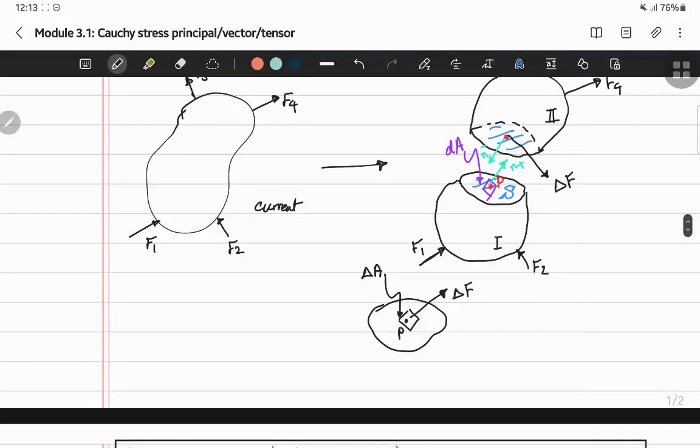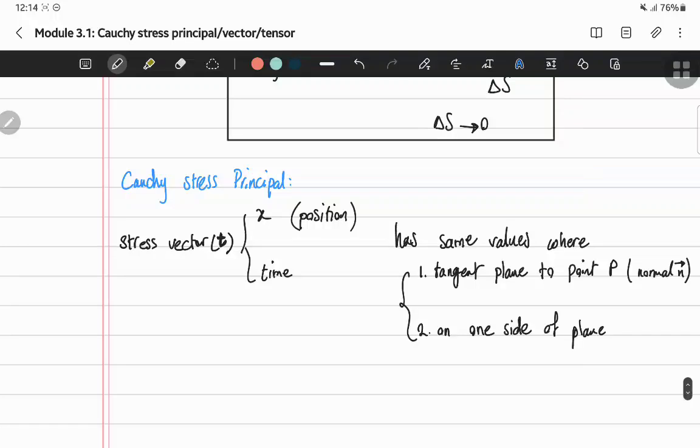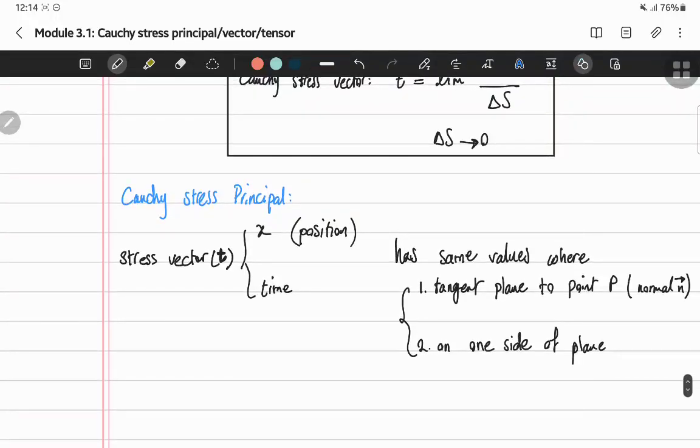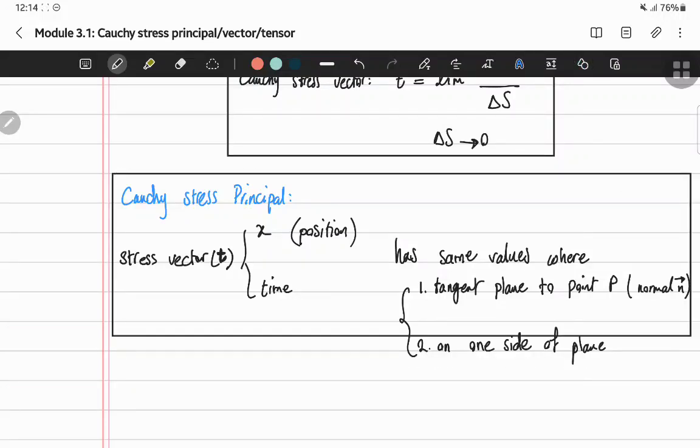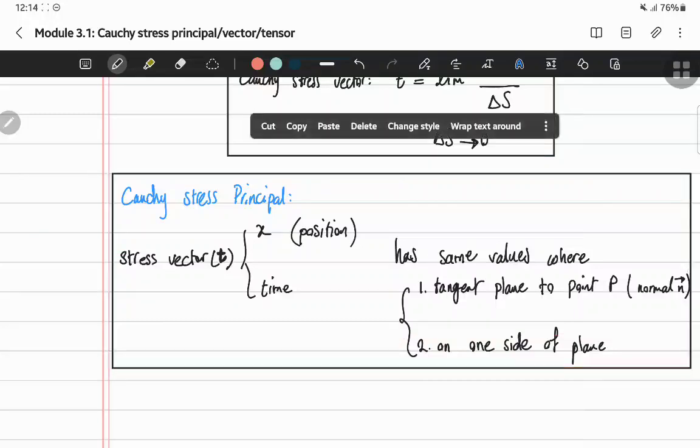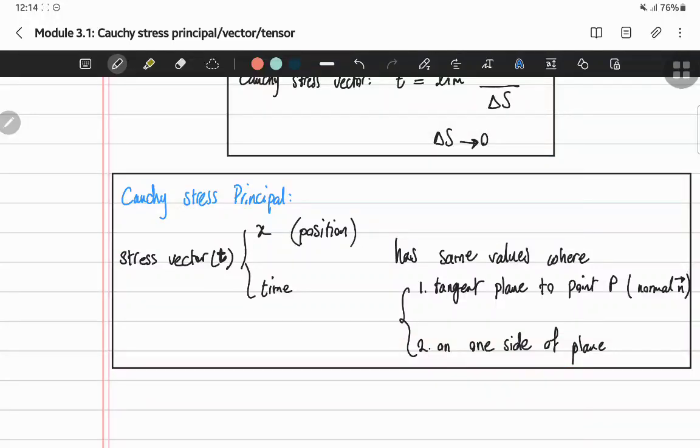So they have the same normal vector n, and they are on one side of the plane, because on the other side, they have the same value, but negative sign. And this basically is the concept of the Cauchy stress principle.